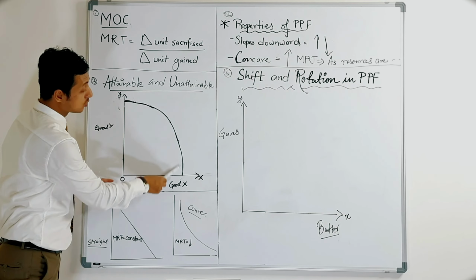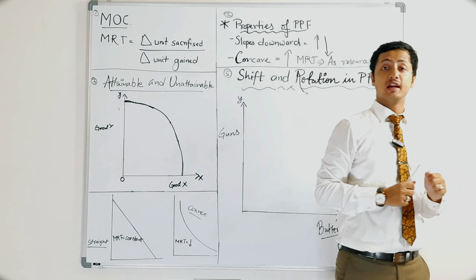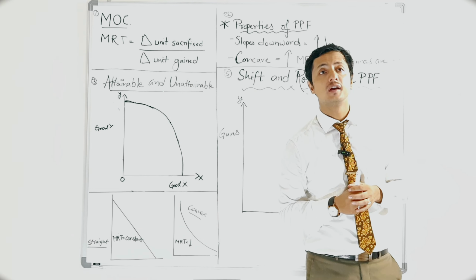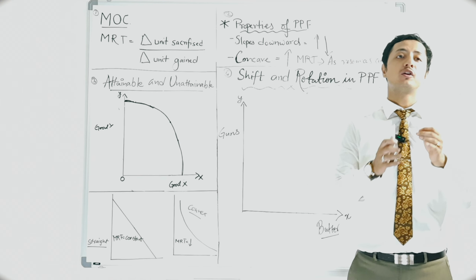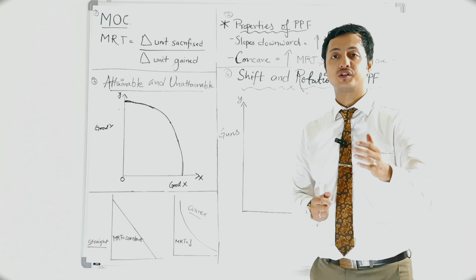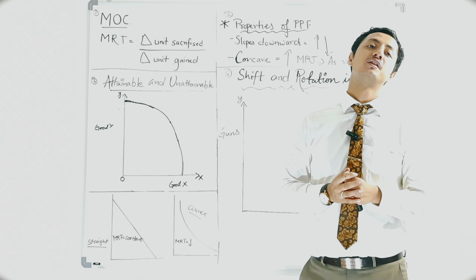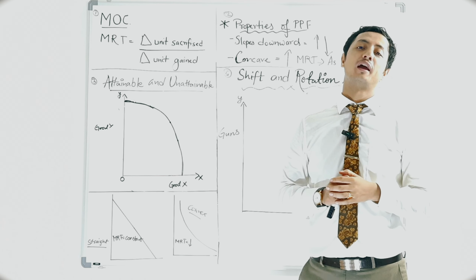Okay, it is concave to the origin. It is concave to the origin because of increasing MRT. So why is MRT increasing? MRT is increasing because as we transform the resources from producing one good to another, less and less efficient resources have to be employed.